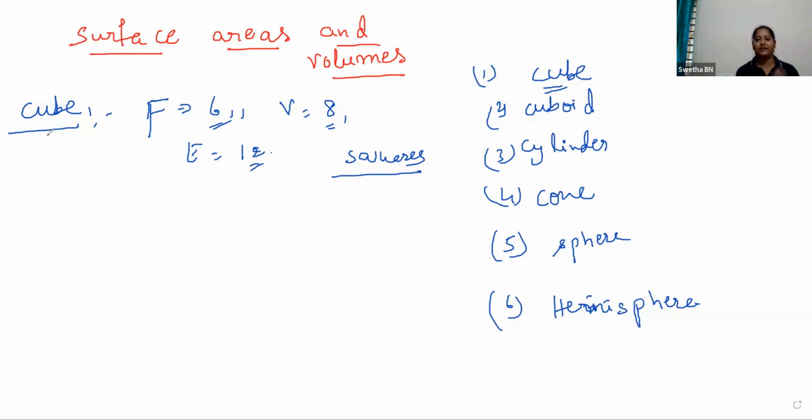Rubik's cube or dice, you know dice, no? You play snake and ladder. Yes or no? Are you there, Shreya Panchami? Hello? Are you there? Yes.